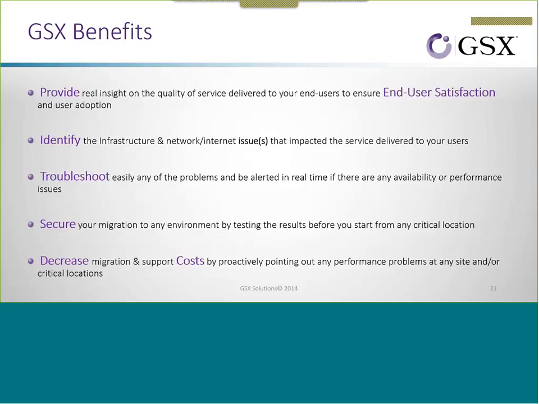So the way that GSX can be deployed is that you can have a GSX probe at each of your locations going back to the central Office 365 data center, and you can actually check and see what that end user experience looks like, and then cross-reference that against the ISP that your users are actually using in each location to know what the pipe looks like, and whether this is an Exchange issue or an ISP issue.